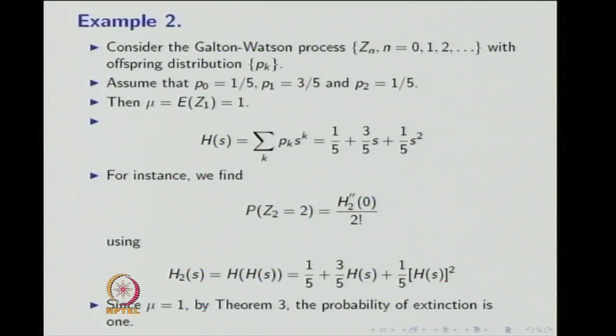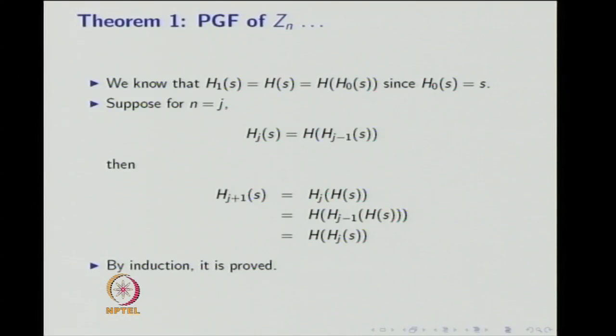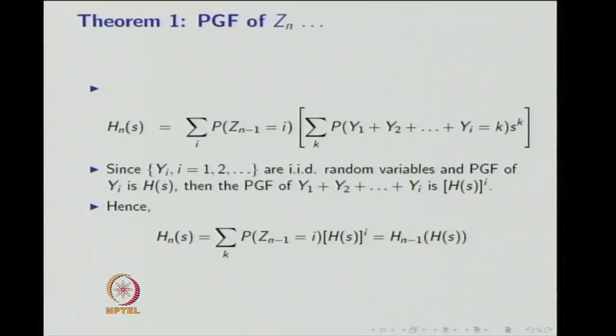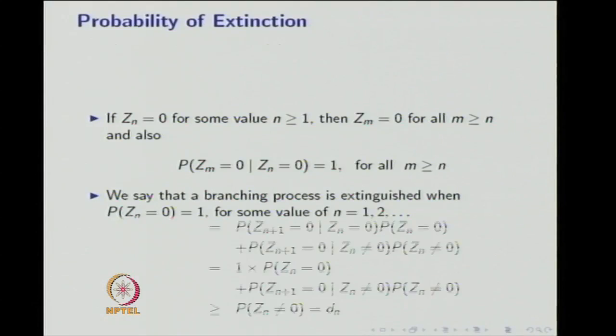That is what we have proved in theorem 2: Hn of s will be Hn minus 1 of H of s. So here we put n is equal to 2, and find the probability generating function of Z2. Using it, we are finding the probability of Z2 is equal to 2.